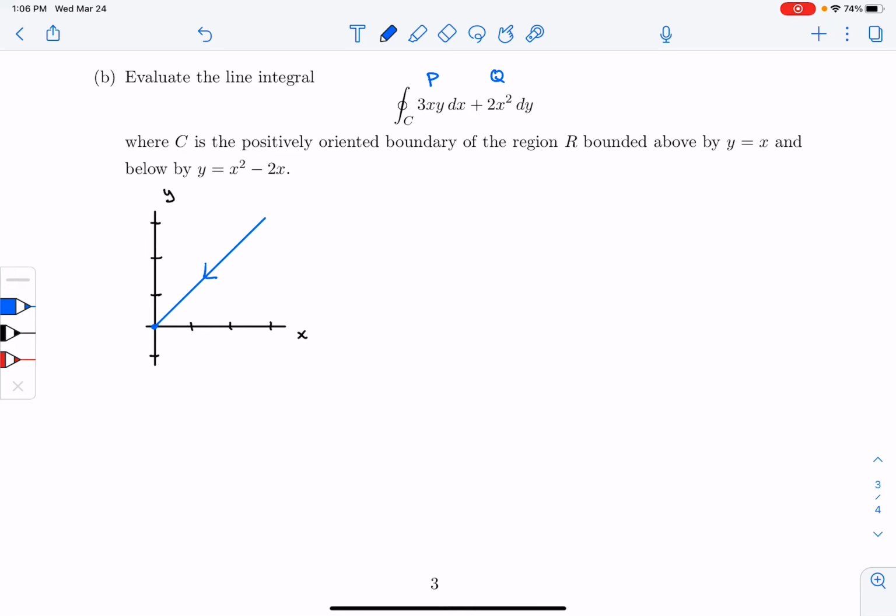And then I want to plot the region below, y equals x squared minus 2x. So that includes the point 0, 0. At 1, I get the point -1. At 2, I get the point 0.